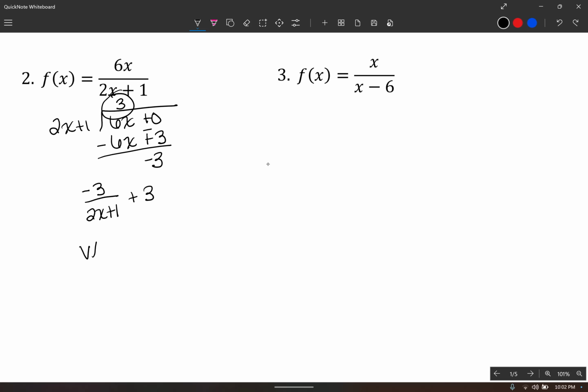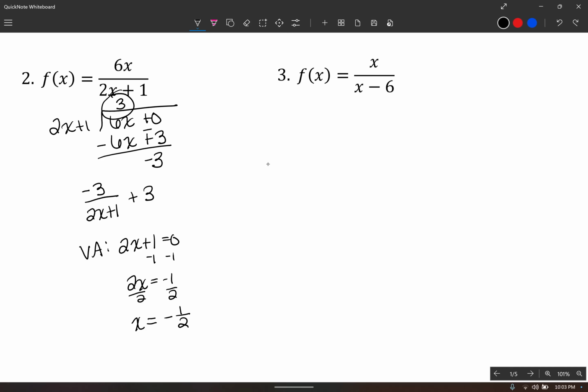So for my vertical asymptote, I'm going to take that denominator, the 2x plus 1, and set it equal to 0 and solve. So I subtract 1, divide by 2. So I have a vertical asymptote at x equals negative 1/2. Now, these asymptotes are lines, okay? They're like guidelines on a graph.